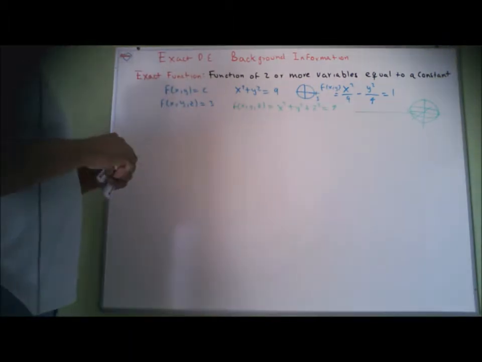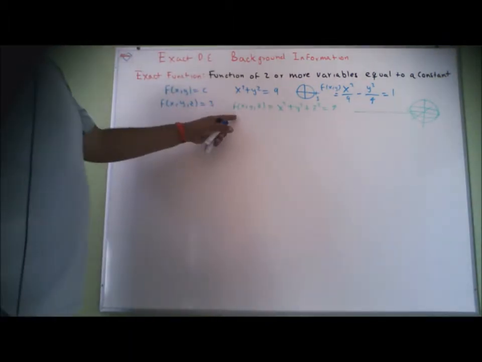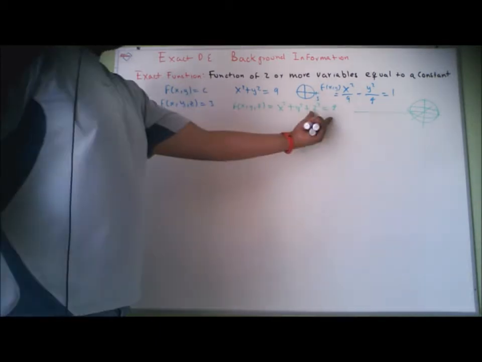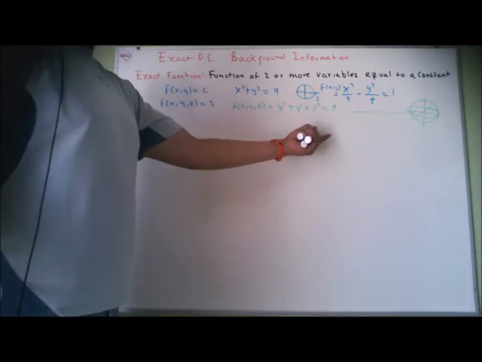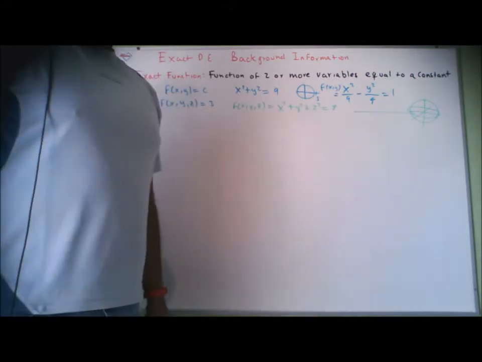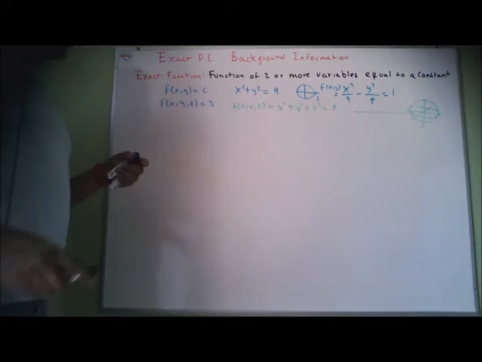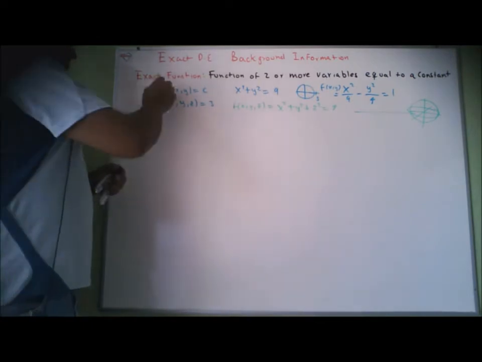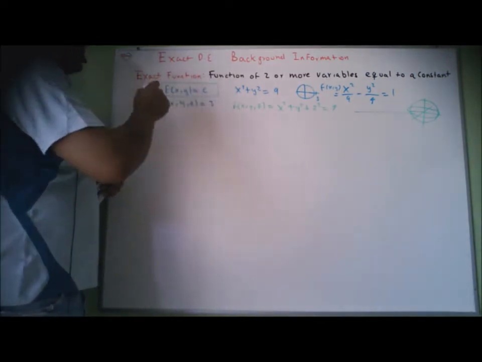Okay, so this is the definition. For these exact differential equations, we are going to cover only the function of two variables equal to a constant. So that is my first definition.